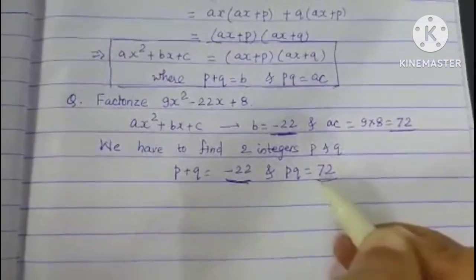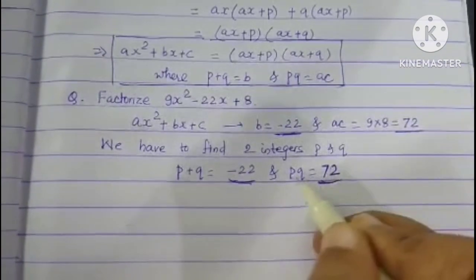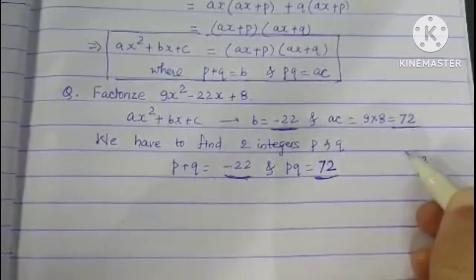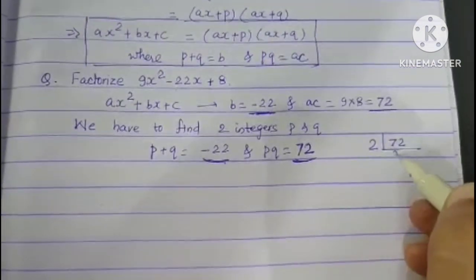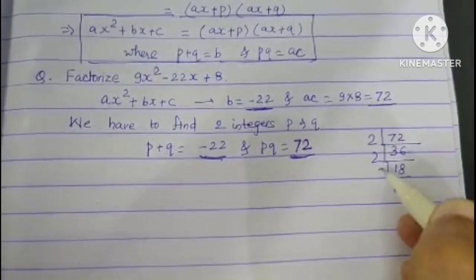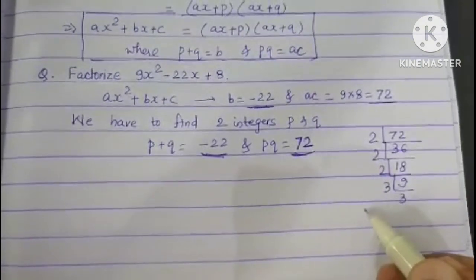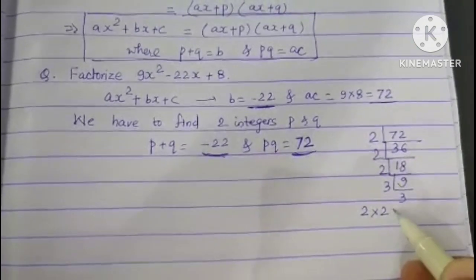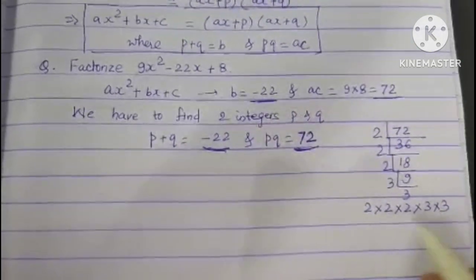The best way to find them is to factorize this 72, that pq. Let us see what are the numbers involved. So 2 into 36, 2 into 18, 2 into 9, 3 into 3. Let us write it here: 2 multiplied by 2 multiplied by 2 multiplied by 3 multiplied by 3.